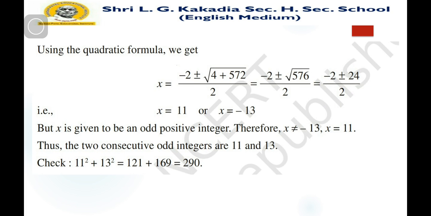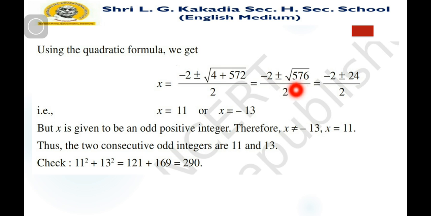So by using the quadratic formula, we know that the quadratic formula is x is equal to minus b plus or minus square root of b square minus 4ac, all divided by 2a. Putting all the values, we can find the roots. x is equal to minus b, that is minus 2, plus or minus square root of b square, that is 4, plus 4ac, that is 572, divided by 2, so minus 2 plus or minus square root of 576.